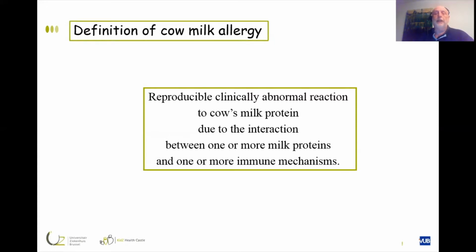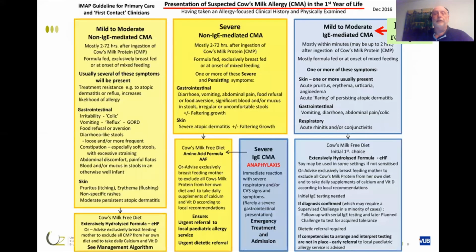However, in daily practice, the only immune mechanism that is easy to demonstrate is IgE-mediated allergy. But we all agree that there is also non-IgE mediated allergy. And then it's the question, how can you demonstrate the involvement of immune mechanisms? It's virtually impossible in daily routine.